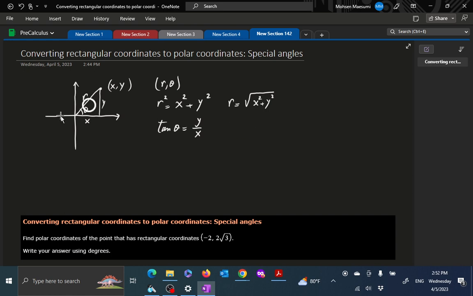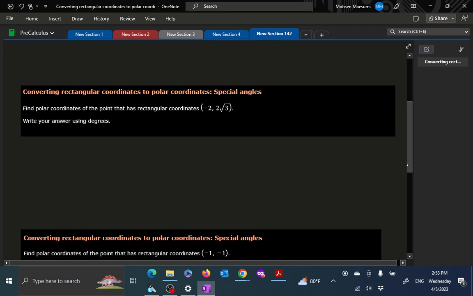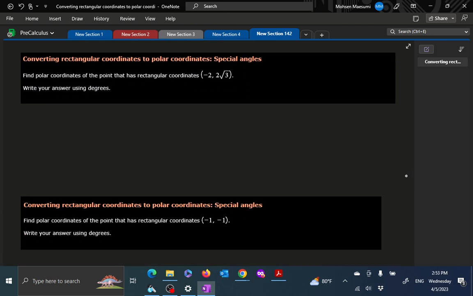We have to use information about which quadrants we are in to get the correct answer. There is a reason I don't write theta equals tangent inverse, because half the time that's not going to be correct. Let's go ahead and do the problems case by case and see how we answer them in these situations.